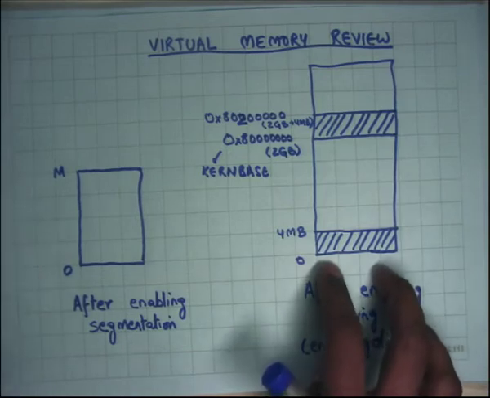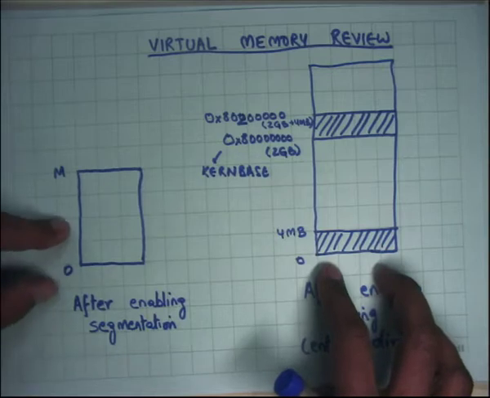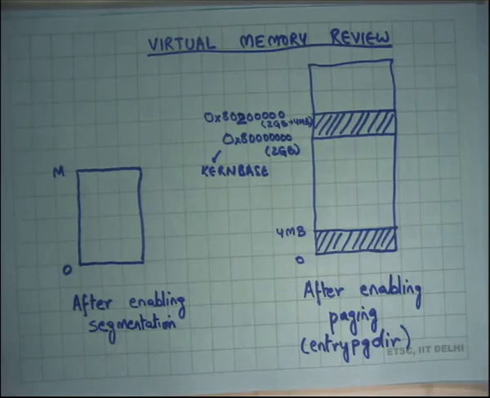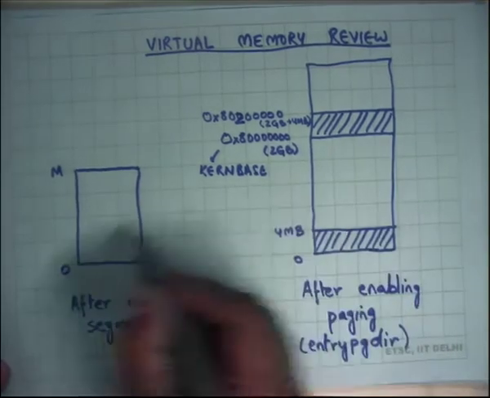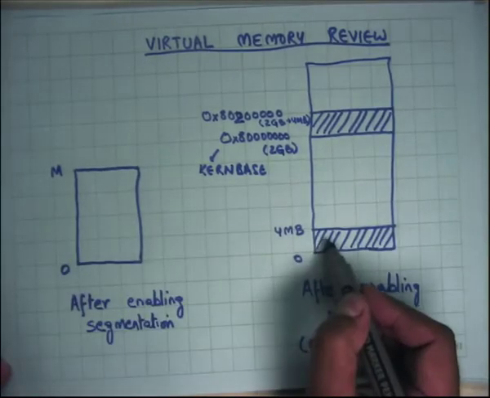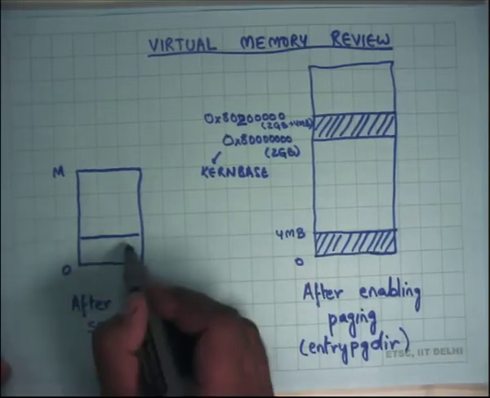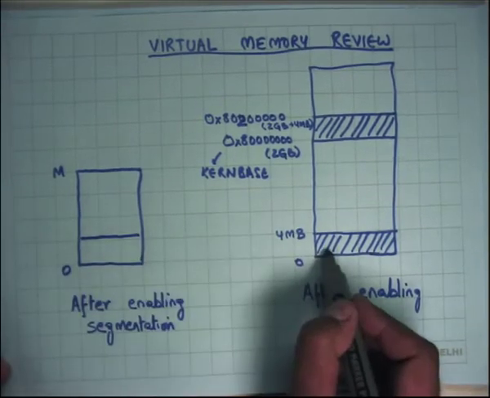Recall that the kernel itself, the entry.S file itself, was living in less than 4 MB of space, say from 1 MB to 2 MB, so the EIP and ESP still remain valid, because the addresses here are identical to the ones in 0 to 4 MB, right?